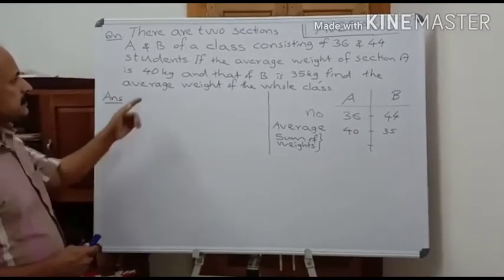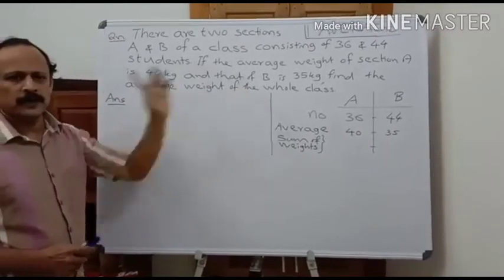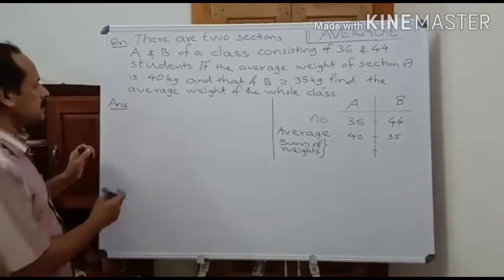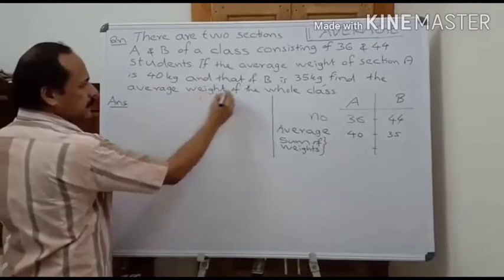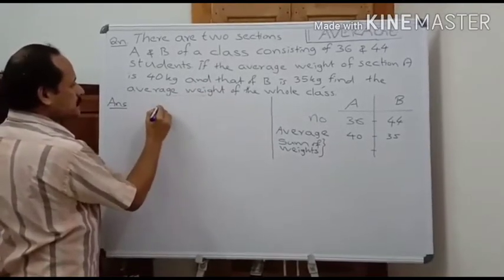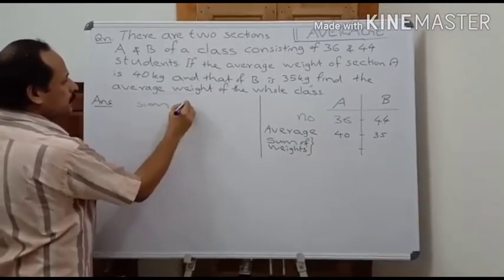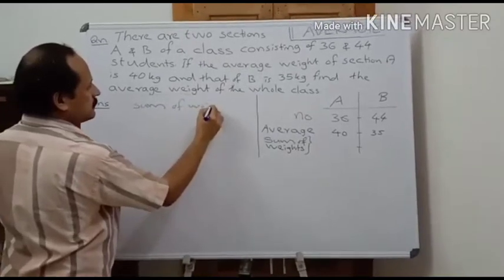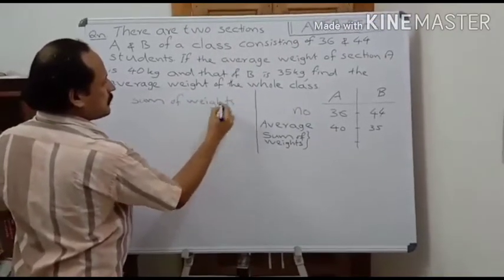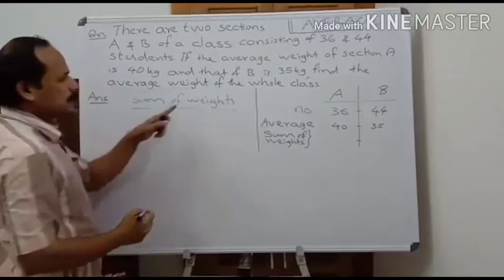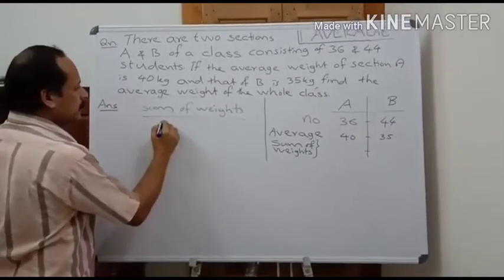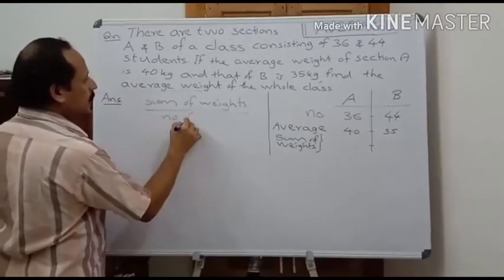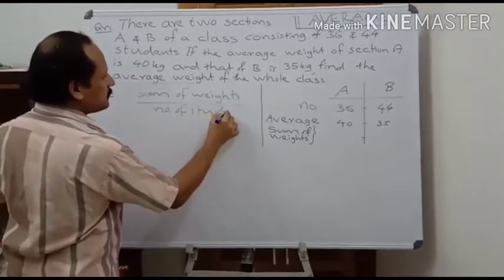And what is the formula to find out the average weight of the whole class? The average weight equals the sum of weights of all the students in the class divided by the number of students.